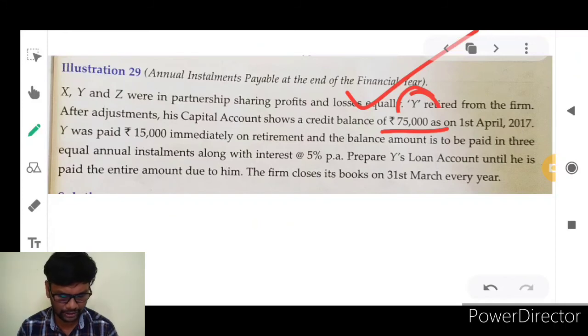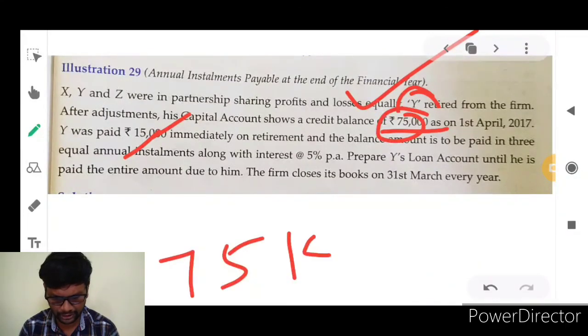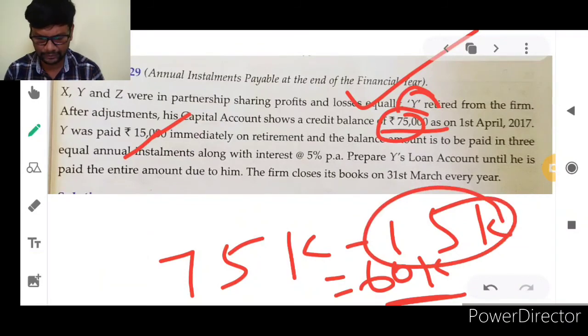On 1st April 2017, Y was paid 15,000. On the next day, when he is retiring, the firm pays 15,000 immediately on retirement. And the balance amount is paid in 3 equal annual installments. So the actual amount to be paid is 75,000. 75,000 minus 15,000, the remaining 60,000 will be paid later by the partnership firm to the retiring partner.